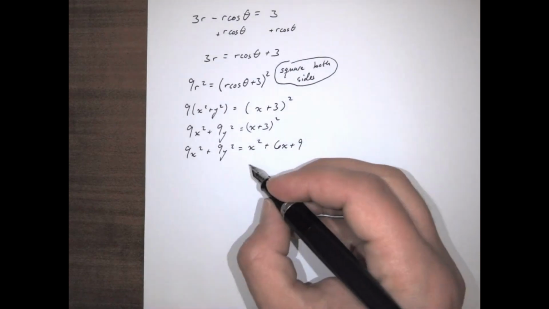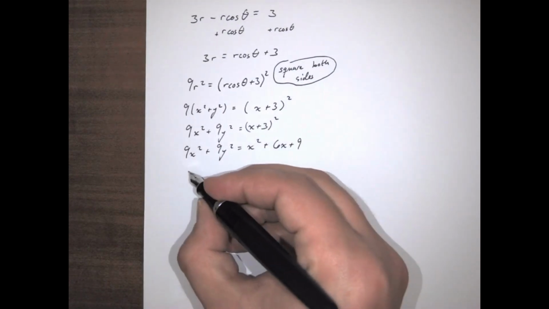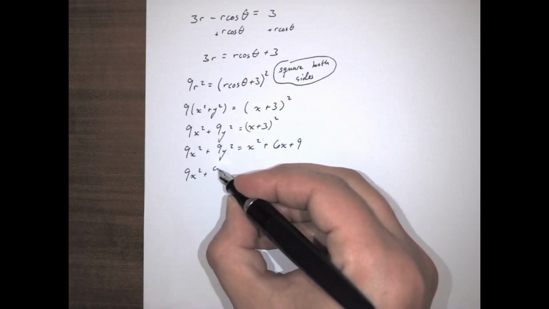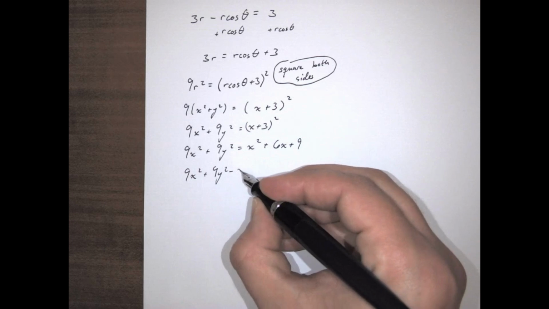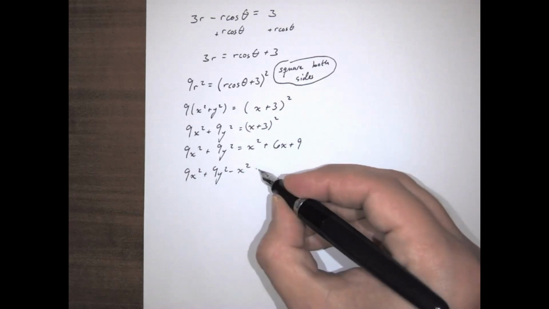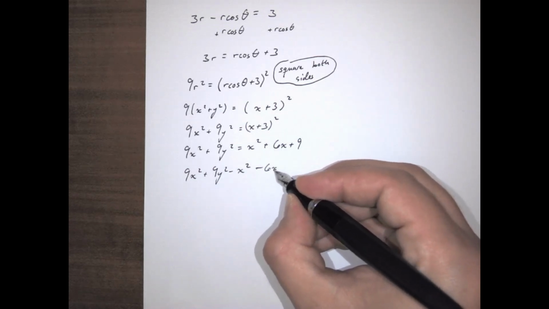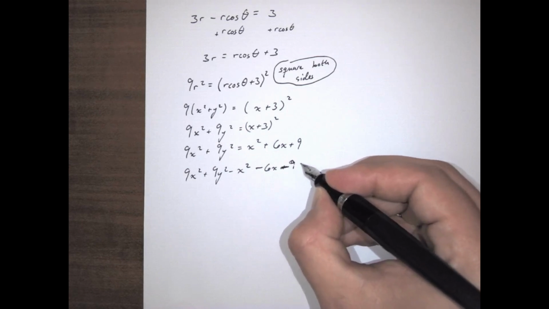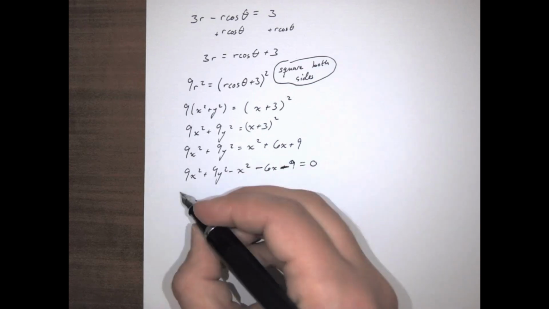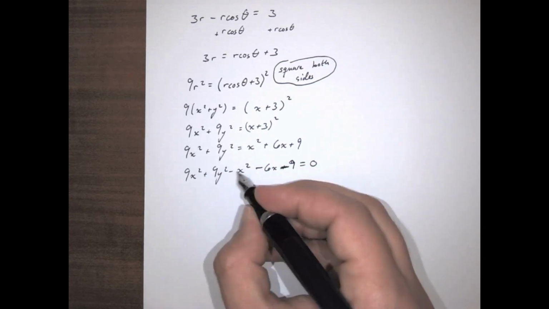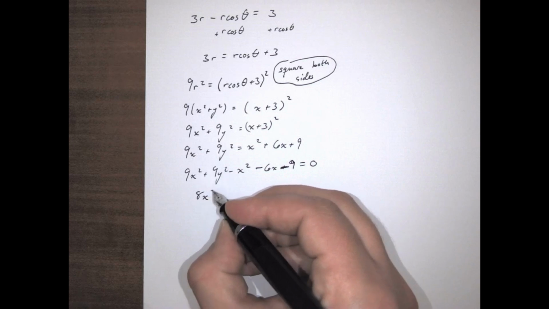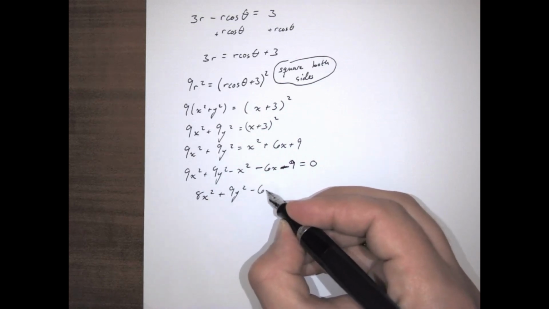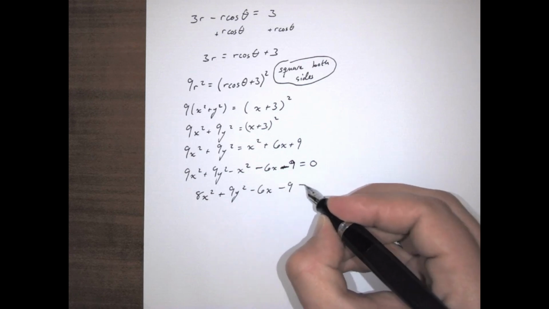And so then what we're going to have here is 9x squared plus 9y squared minus x squared minus 6x minus 9 equals 0. And then those two are like terms that can be combined, so that's going to be 8x squared plus 9y squared minus 6x minus 9 equals 0.